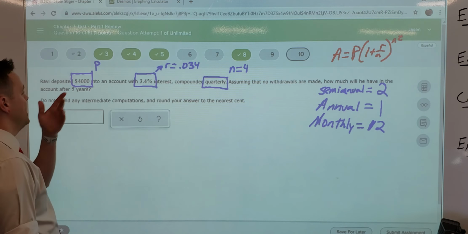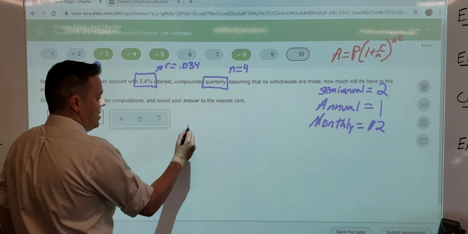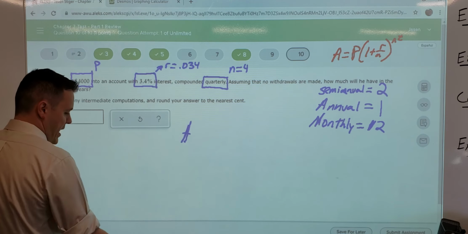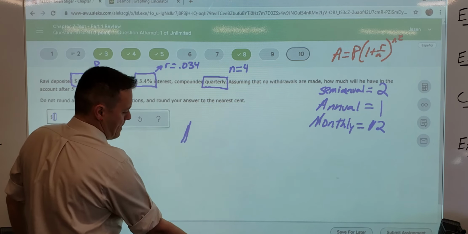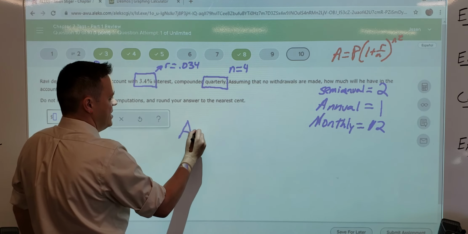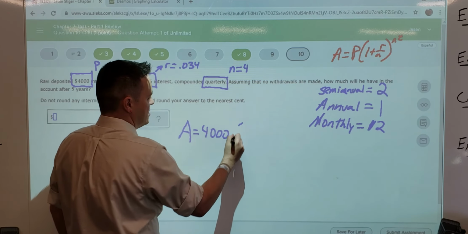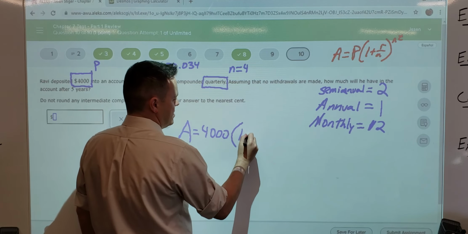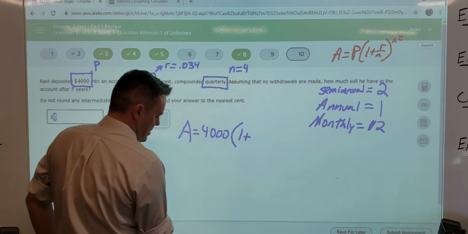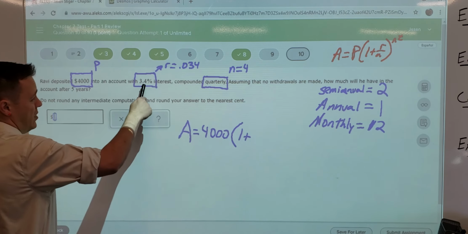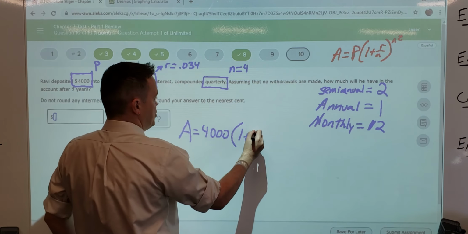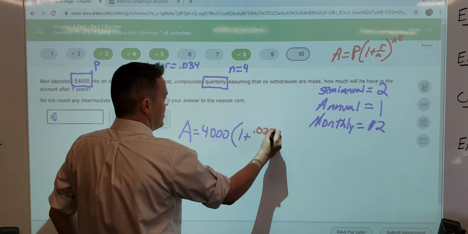If nothing is made, how much is in the account? A equals P, 4,000. And then it's going to be 1 plus my rate, okay? If you know what your rate is, again, that's why I have you guys do all of this before you fill this out.